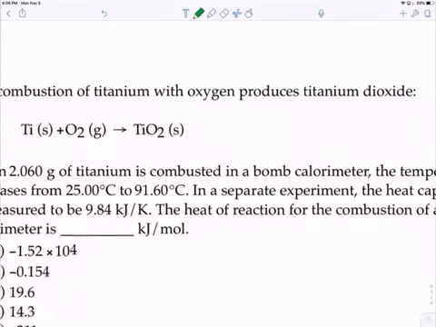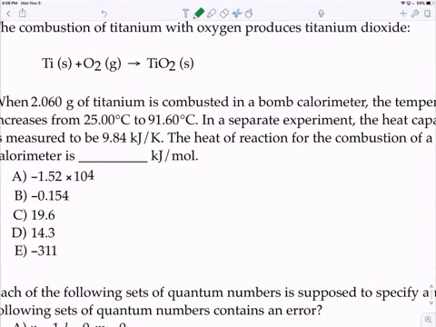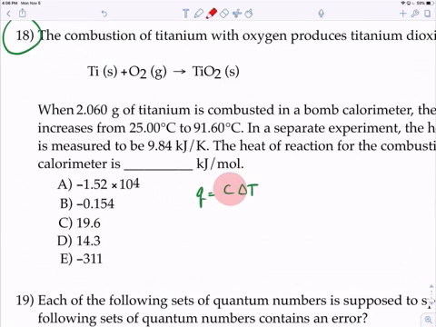And again, this helps if you just had me in lab. Q is heat capacity times change in temperature. I know that you might see it as mass times specific heat capacity times change in temperature, but here you're given the heat capacity. So our heat flow is 9.84 kilojoules per Kelvin times the change in temperature.